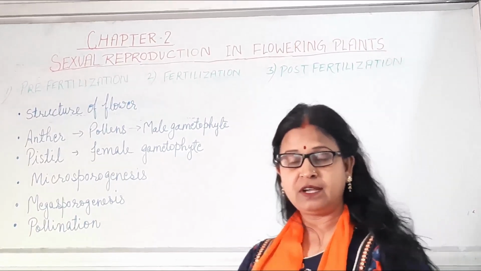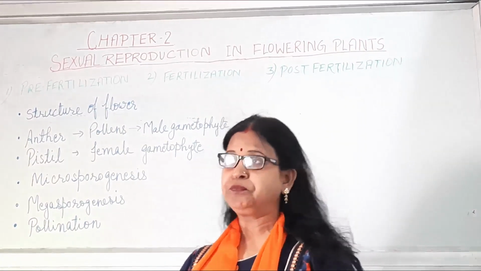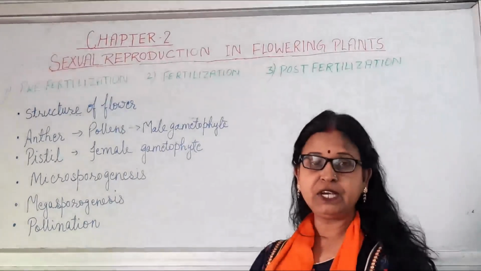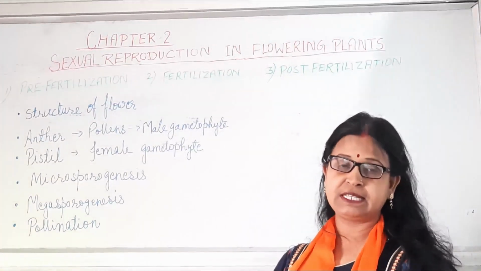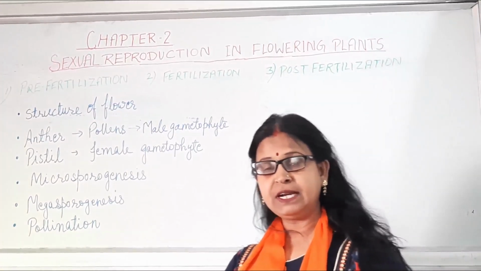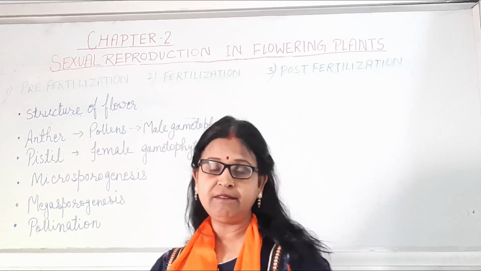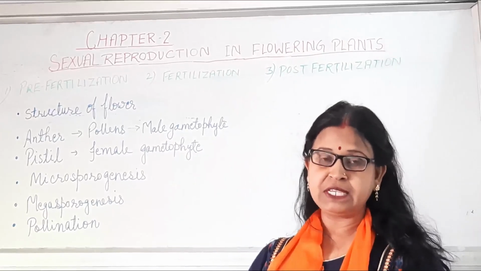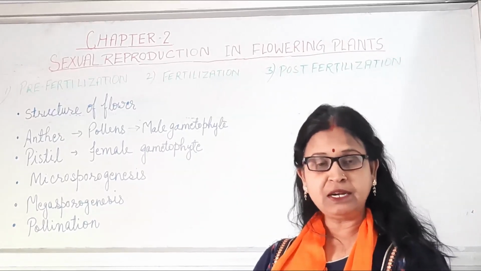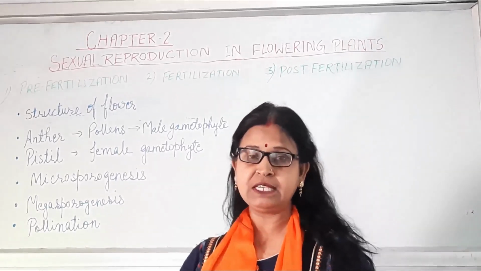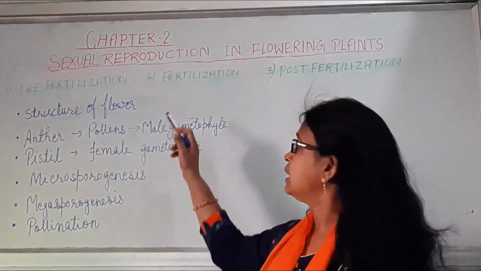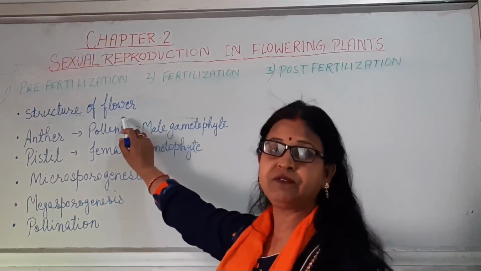Now, all of you are aware that in the beginning of the life of the plant, no flower is there. That means when the plant is in the juvenile or vegetative phase, no flower is there. When the plant completes its vegetative phase, it enters the reproductive phase, and then the flower appears.